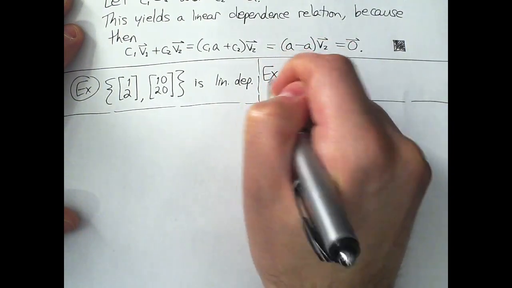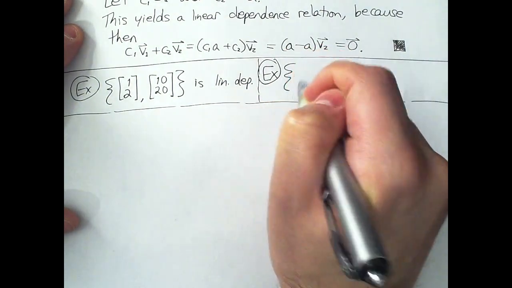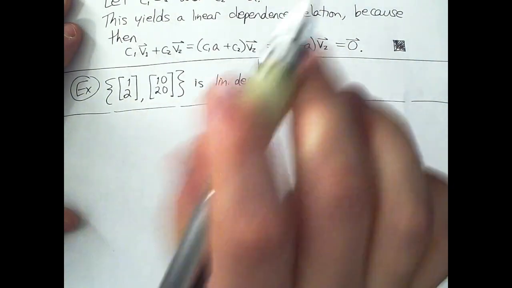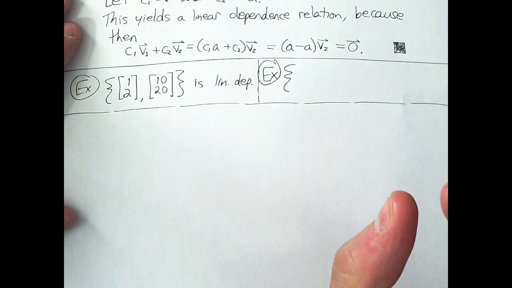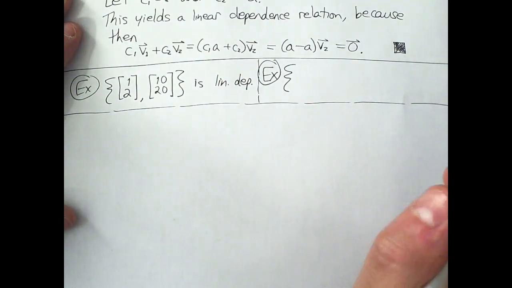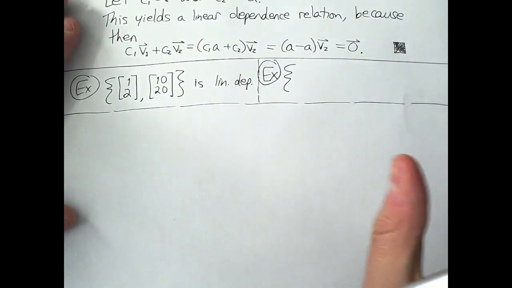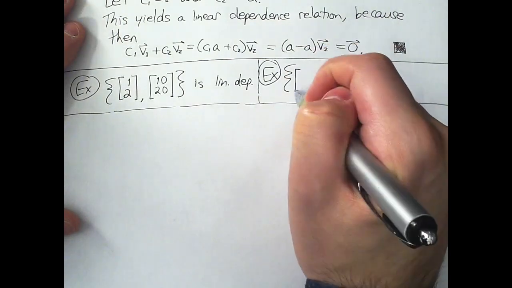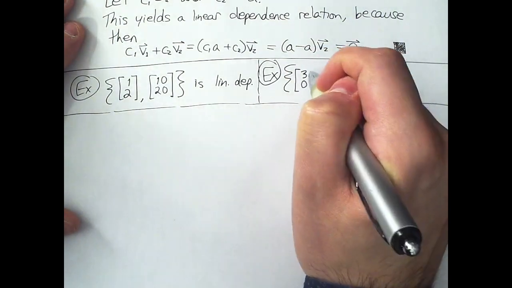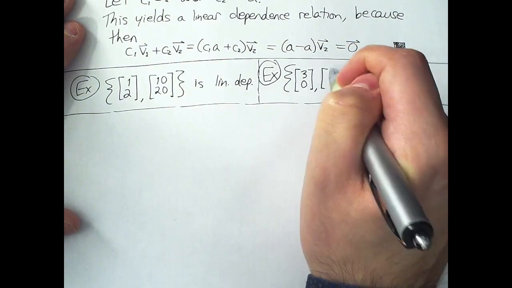Here's another quick example. Remember, this theorem is just for when you have a set of two vectors. So we're not going to use this for sets of three vectors or anything like that. All right. How about this set of two vectors?